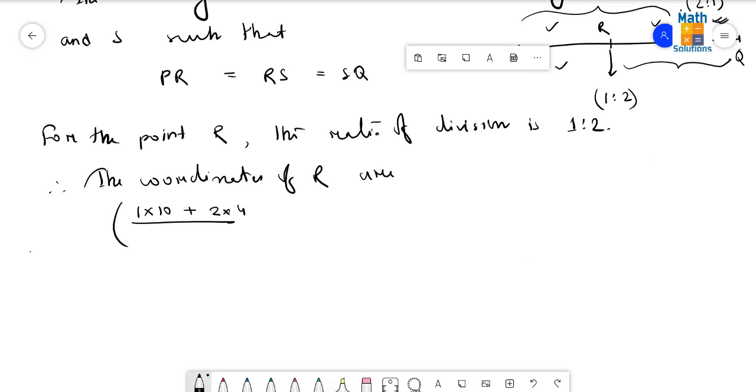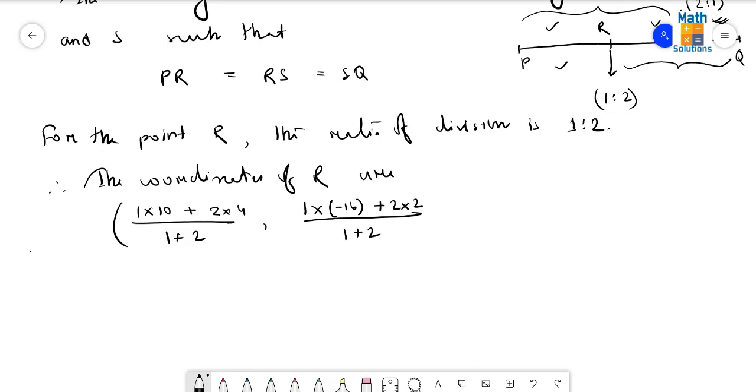Then after, (1 × -16 + 2 × 2)/(1 + 2). Then after, (1 × 6 + 2 × -6)/(1 + 2). So results will be 6, -4, -2. So this is the answer for the coordinates of R.